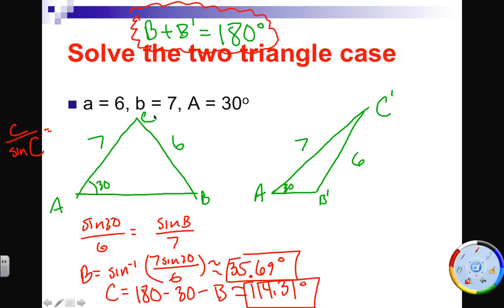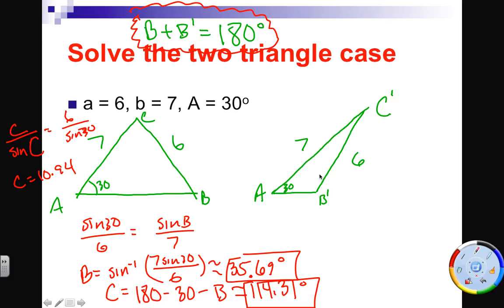I'm not actually going to reuse the rounded value here. I'm going to use the exact. Equals 6 over sine of 30. So little c is going to equal 6 times sine of C. So 6 sine of answer divided by sine of 30, and I get 10.94.